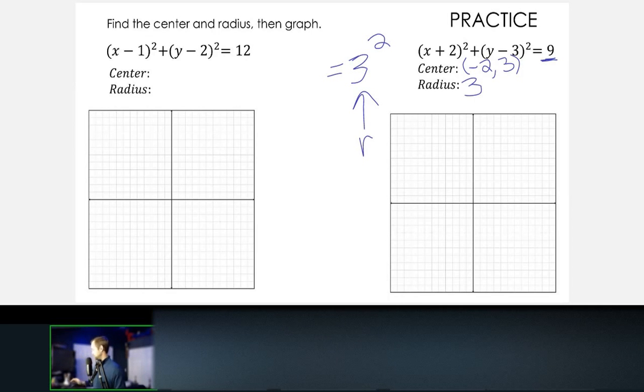Maybe I'll get some of you at the 10:30 class. But we want to make sure that you take this number, you square root it, because this is r squared. So that is your r value. Very good. And we can plot these. We're going to have left 2, up 3, 1, 2, 3.